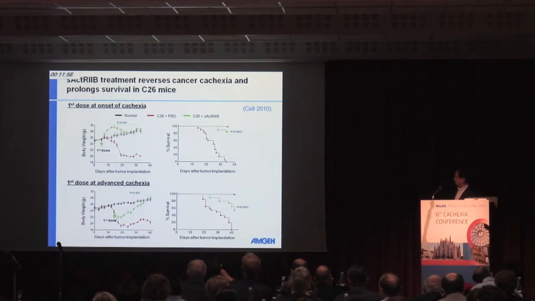And here you see the colon 26 cancer cachexia model. In terms of body weight change, the red curve is the cancer-bearing animal's body weight.